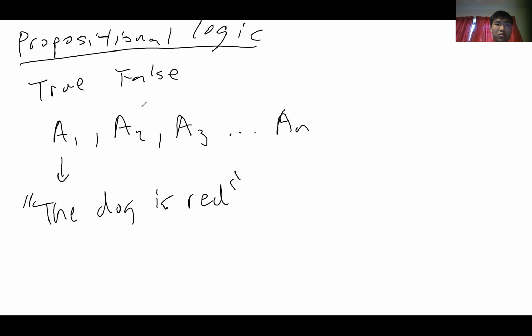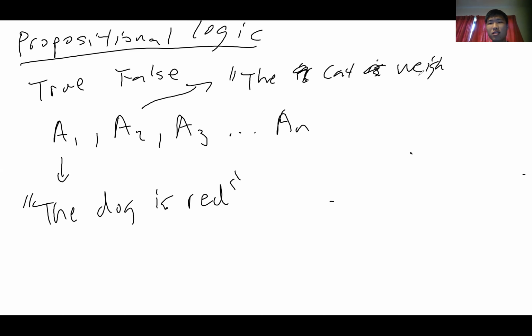And A2 can be, I don't know, whatever other sentence we want to deal with. Maybe the cat weighs 5 pounds. I don't know if that's a reasonable number.